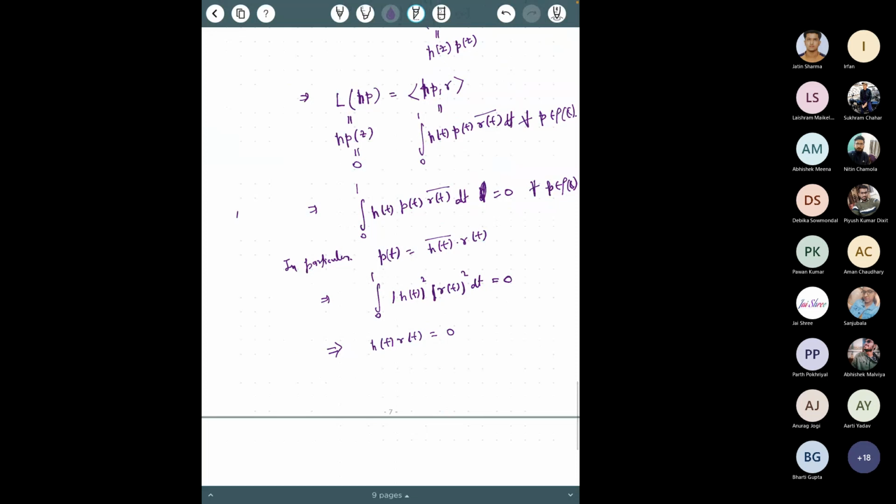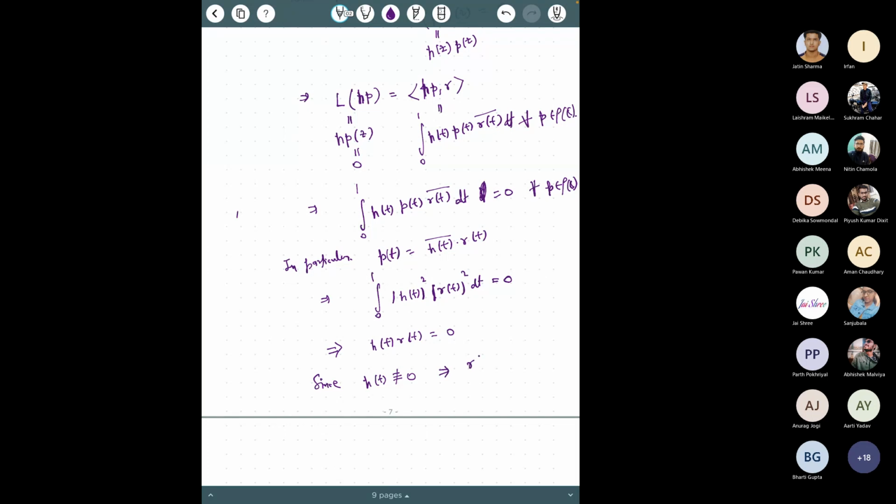So since H(t) is not identically 0, you can say that R(t) is identically 0. And you have to tell me the reason why you can say this. Since H is not a zero polynomial, this implies that R is 0.